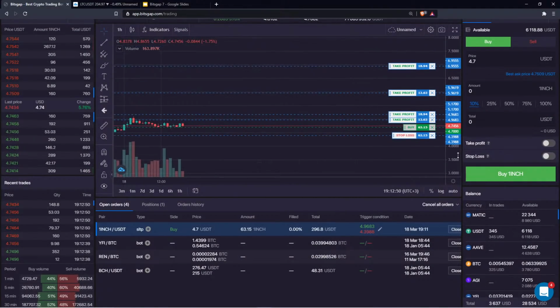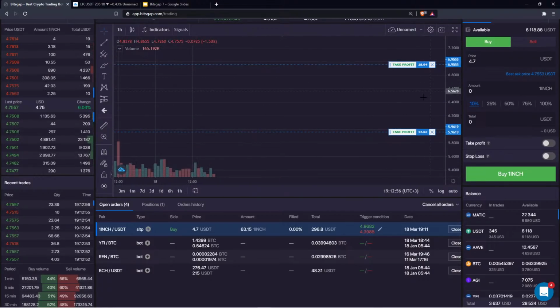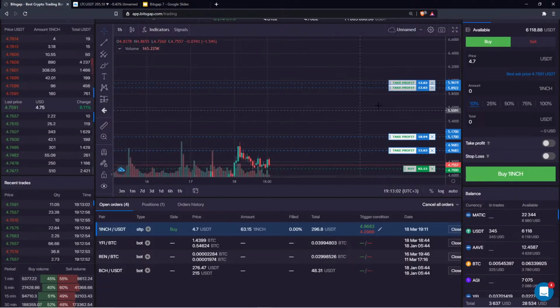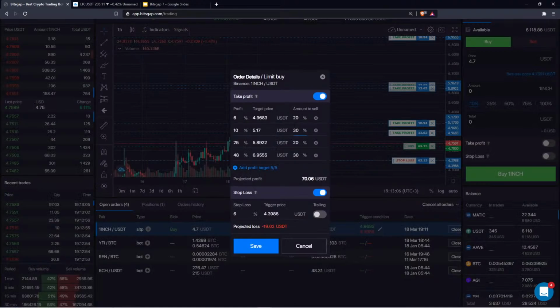You see the limit buy, stop loss for this trade, and all the take profits that I set, which you can actually move manually on the chart, or you can just change the number manually over here.